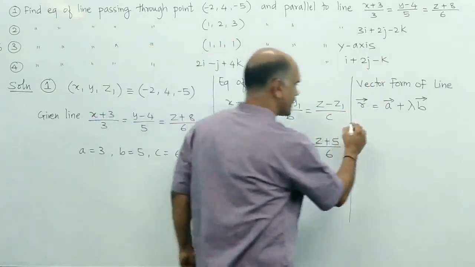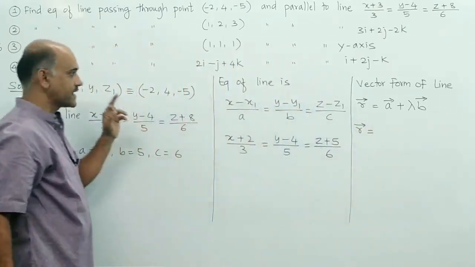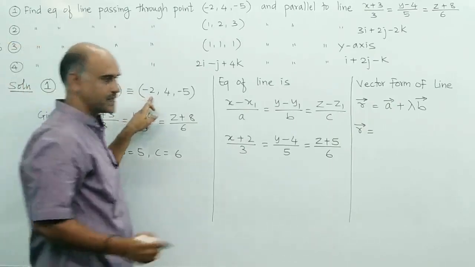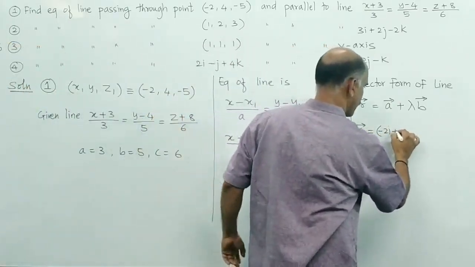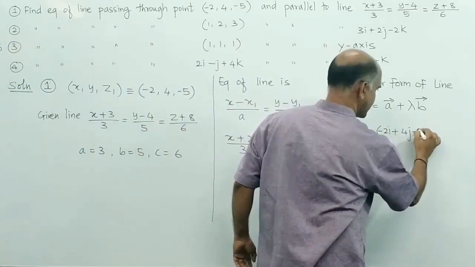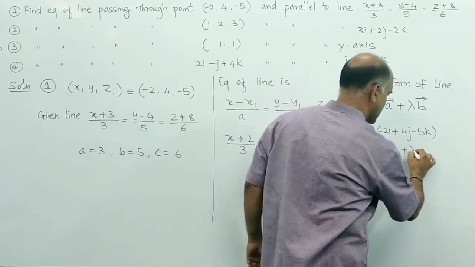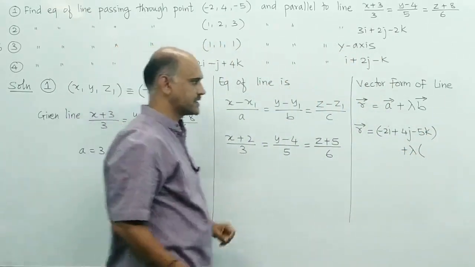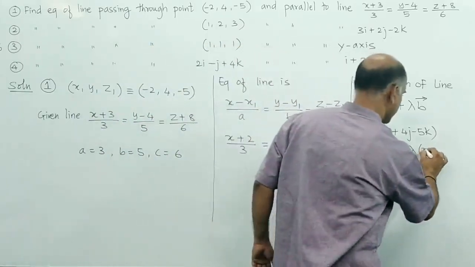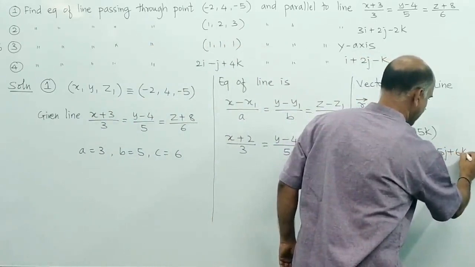So if I write vector form, R is equal to A denotes x1, y1, z1, so you will have minus 2i plus 4j minus 5k plus lambda into bracket. B denotes direction ratios, that is lambda into bracket 3i plus 5j plus 6k.